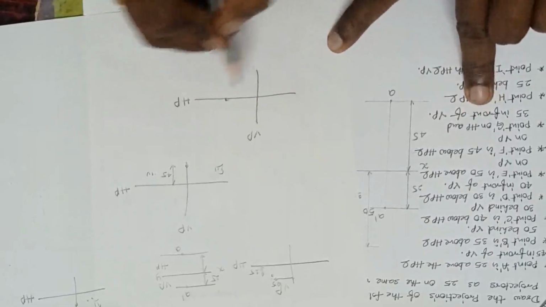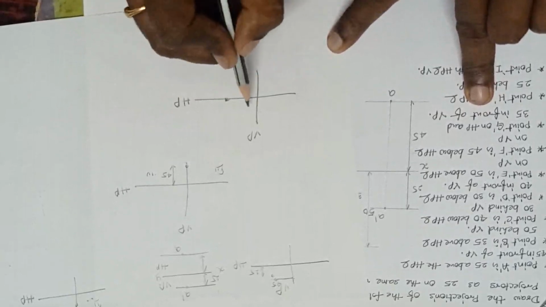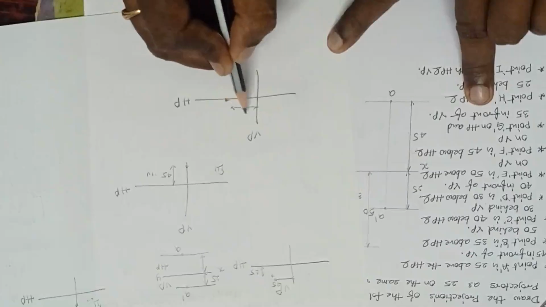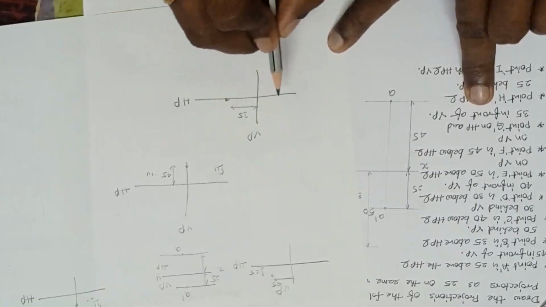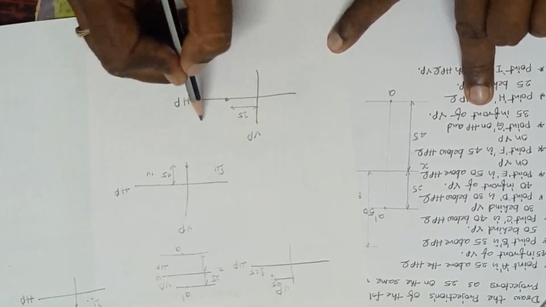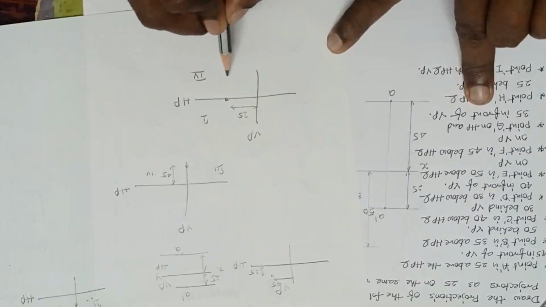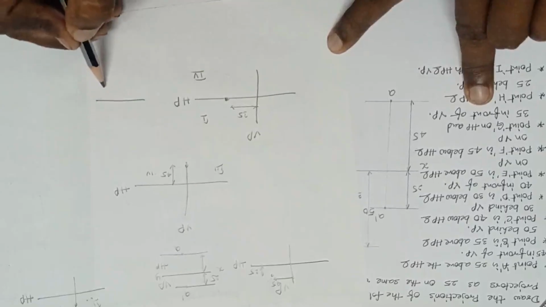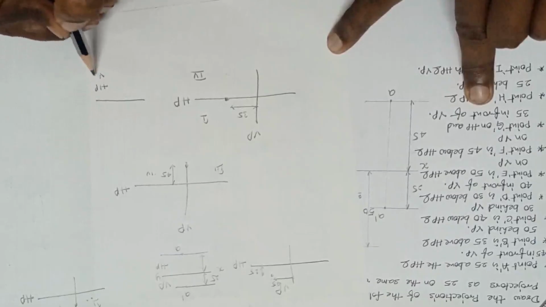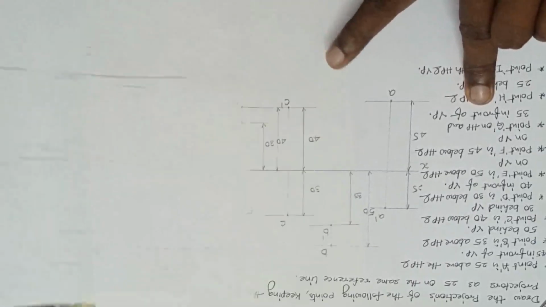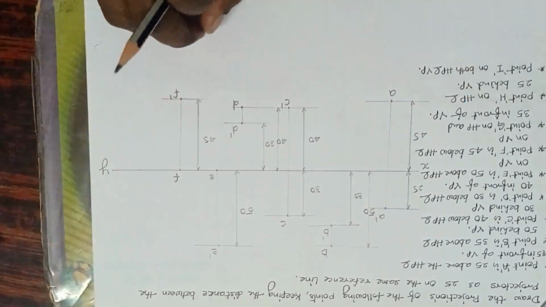So the point is here. So this is 35. I can draw in the first quadrant or fourth quadrant. So I'll prefer the fourth quadrant because both will come below, HP and VP.